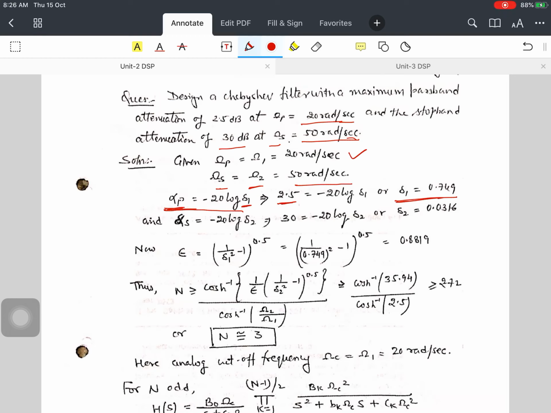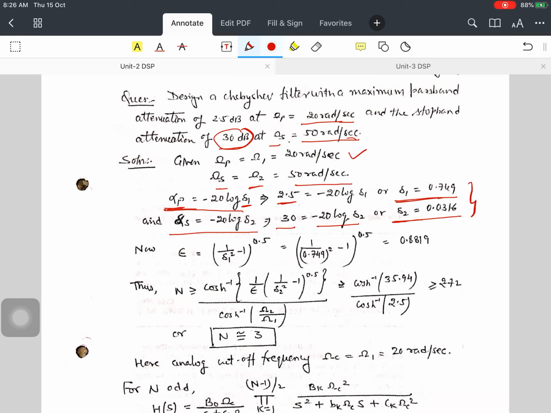The next one is del 2, and we know alpha s, the stop band attenuation, equal to minus 20 log del 2. Alpha s is given as 30 dB in the question, so put 30 equal to minus 20 log del 2. From here we can calculate del 2, and del 2 is coming 0.0316. Now del 1 and del 2 are known.